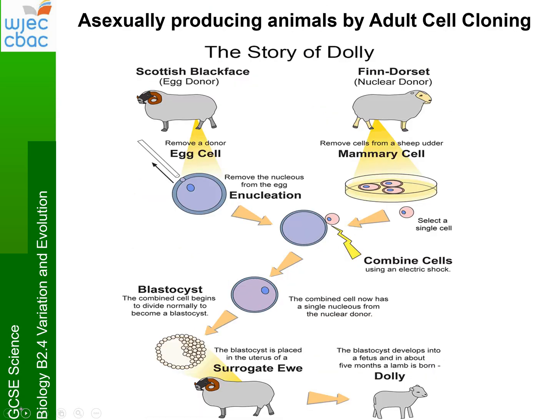Now, we're going to go on to look at adult cell cloning. I've already pre-recorded a short video from an animation that we use normally in school about the story of cloning Dolly the sheep. Dolly was the first adult mammal to be cloned, okay. Prior to that, we had cloned frogs, we'd cloned mice, and even though mice are a mammal, they're quite a small mammal.